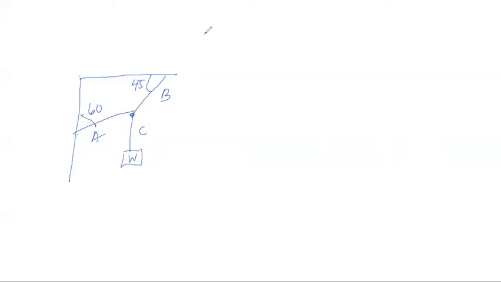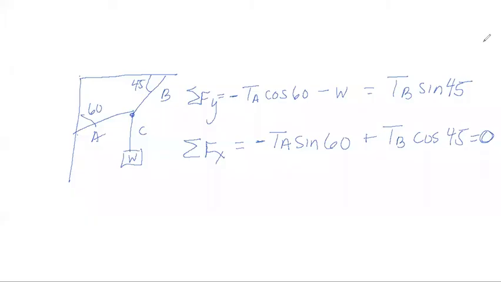Let me pause this for a minute. All right, for part 2, I set the equations up for you, and I'm going to let you solve it, but I'm going to explain what I did here. In the sum of the forces in the Y, A and C are in the negative direction. So this will be negative tension of A times the cosine of 60, right?